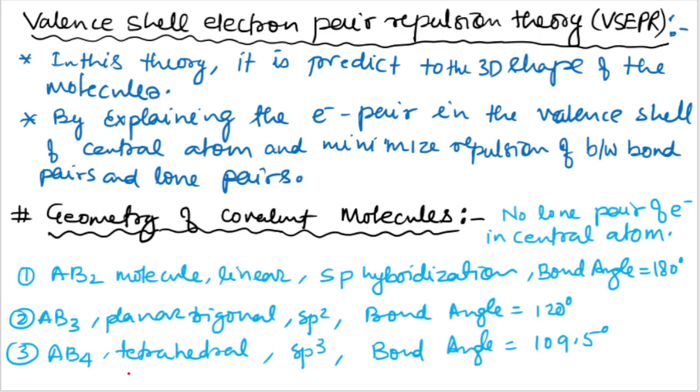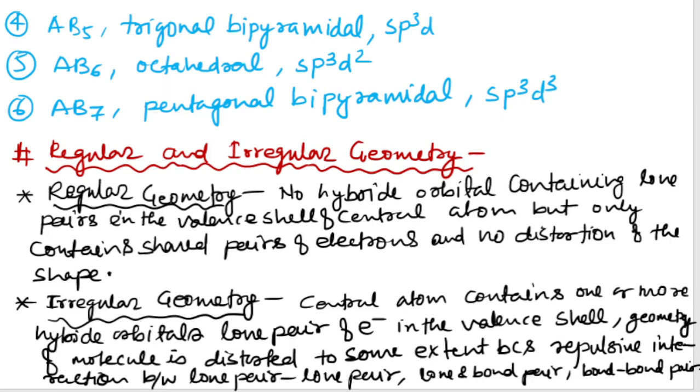AB4 types of molecules show tetrahedral geometry with sp3 hybridization and bond angle of 109.5 degrees. AB5 types of molecules have trigonal bipyramidal geometry with sp3d hybridization. AB6 types of molecules show octahedral geometry, the hybridization is sp3d2, and AB7 types of molecules show pentagonal bipyramidal geometry with sp3d3 hybridization.